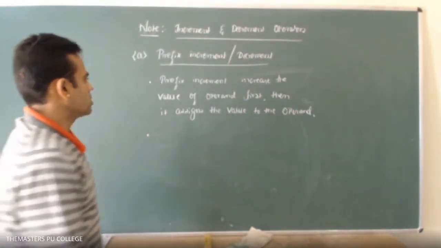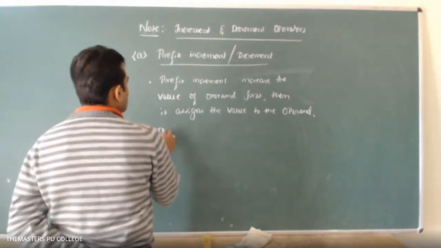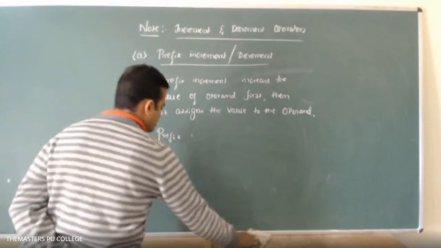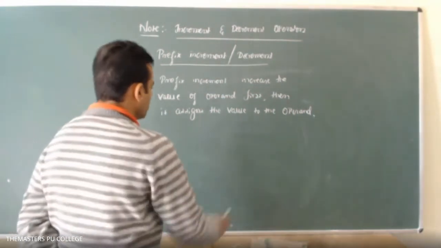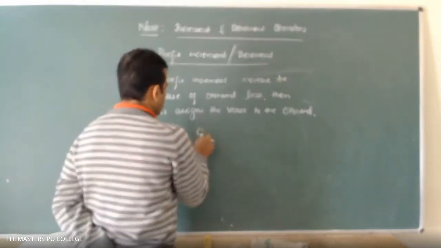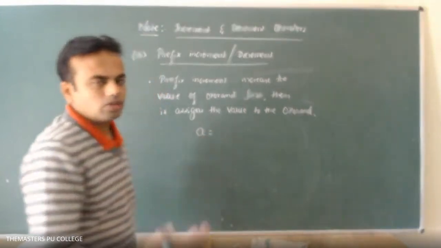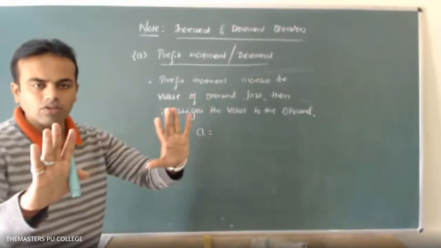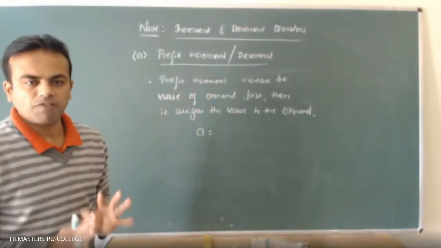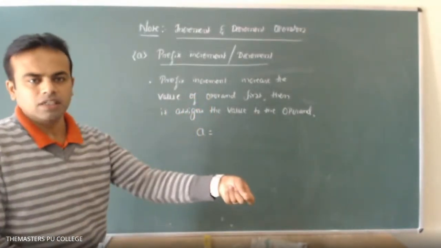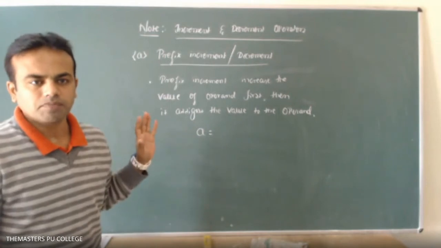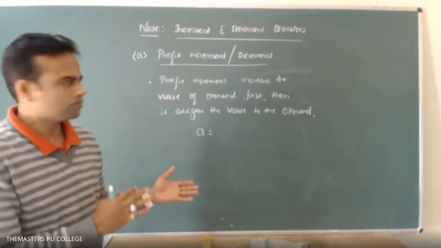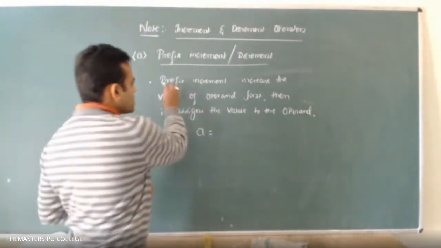Okay. Next, prefix decrement. I'll give an example for this, see here. Let me take A, with some value, any value. Prefix increment increases the value of the operand first, later on it assigns the value to the operand. We are saying it is a prefix increment.